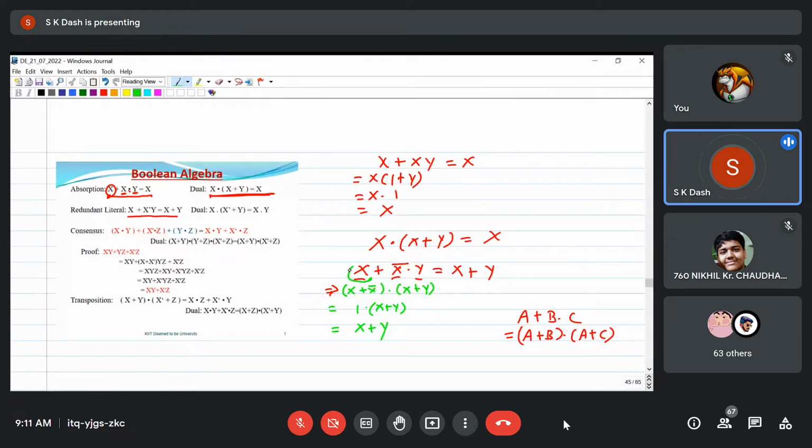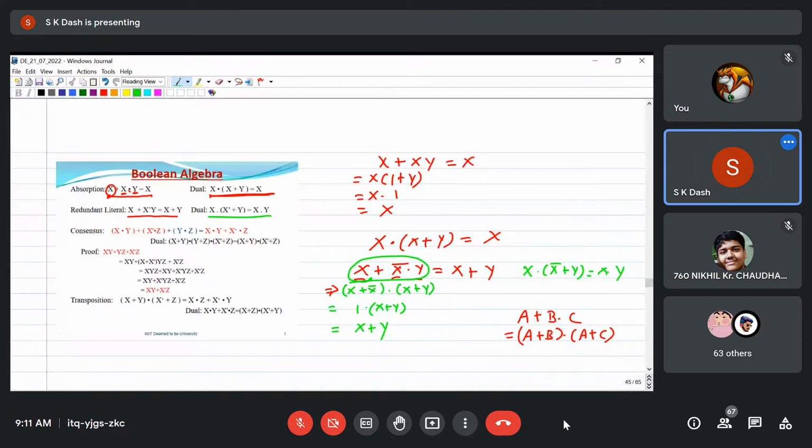So this is called the redundant literal rule. Once it is proved, its dual is also proved. What will be the dual? Plus needs to be replaced with dot, and dot with plus. So the dual will be x dot (x bar plus y) equal to x dot y.